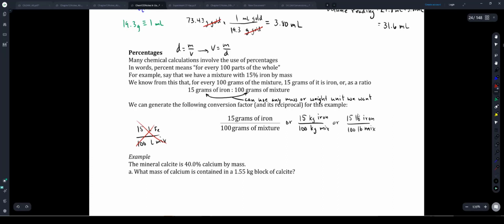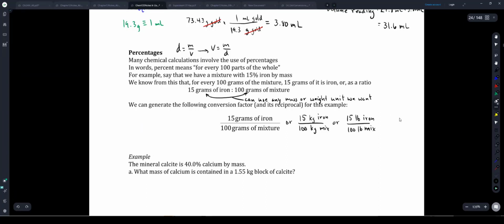Now, the reason I can do pounds is because pounds is just mass times a number. But liters, these won't necessarily have the same volumes. So exactly, you can't do it with volumes, and you couldn't do it with lengths, for example. It wouldn't make sense to say 15 meters of iron because we can't measure them that way. But you can use any mass or weight unit you want.